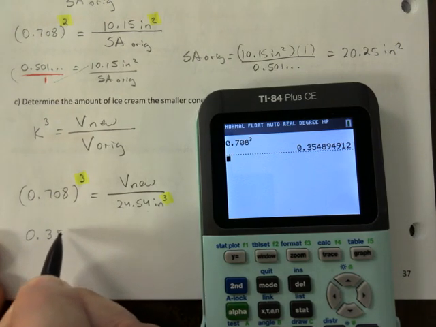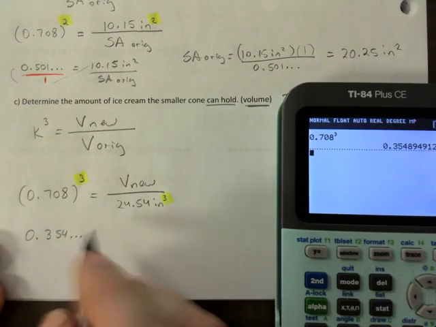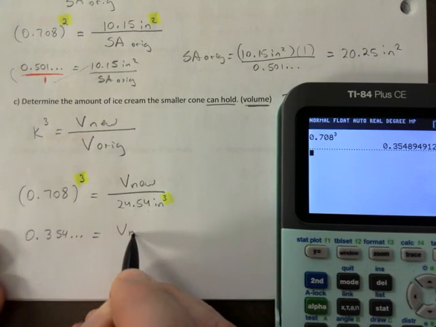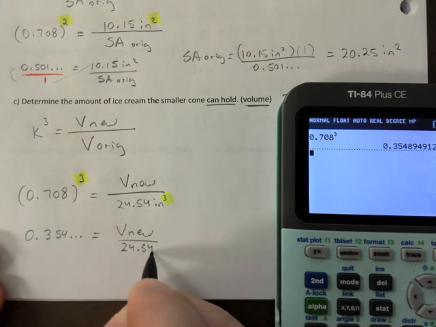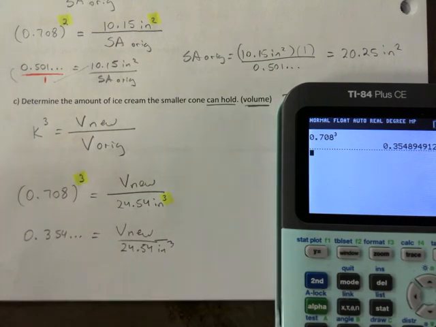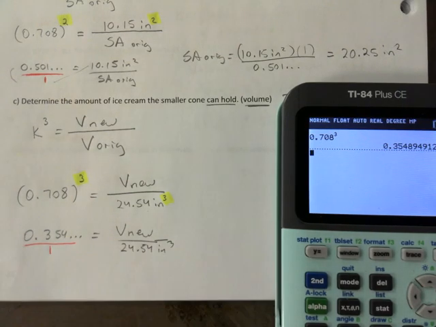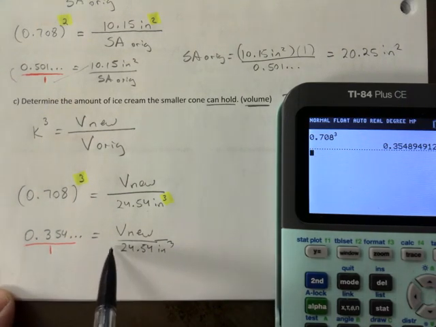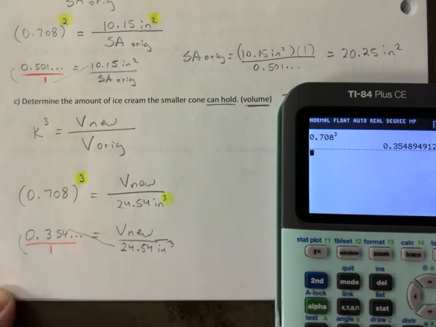I'm just going to write down just a few numbers and then go dot, dot, dot, indicating I'm using all decimals. Volume of the new over 24.54 cubic inches, to the power of 1, right? How are you going to solve this one now? You cross multiply up and divide down.